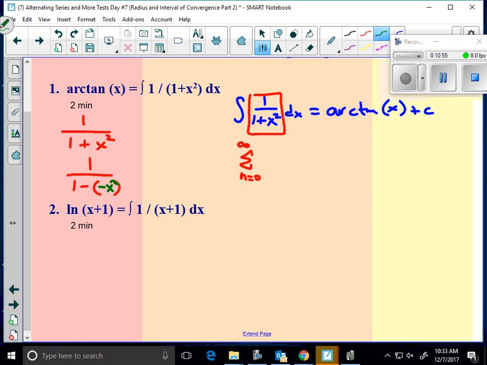Okay, so what I could do here now is take this negative x squared, and of course take the negative out, write it as an alternator, and then x squared to the n power. That's going to be a real nice power series.